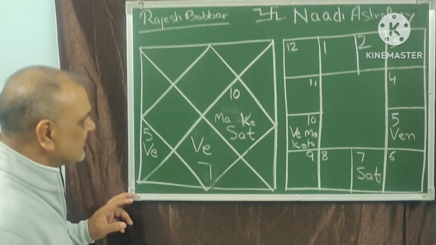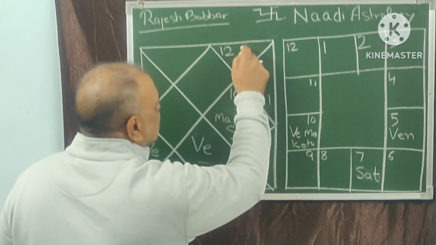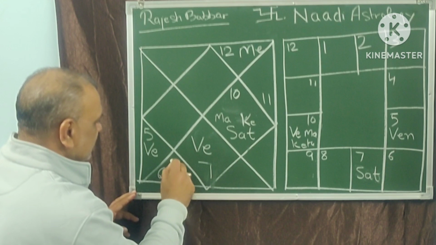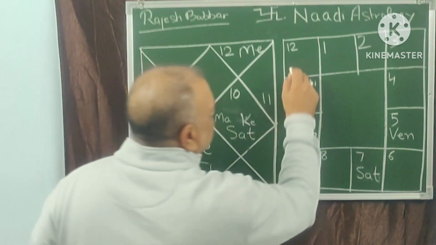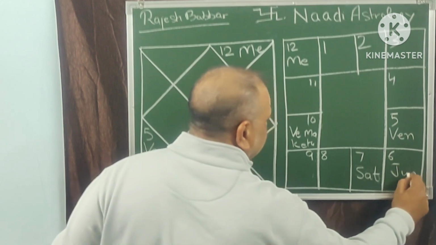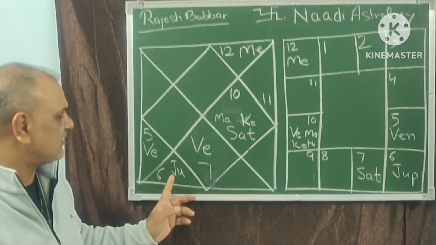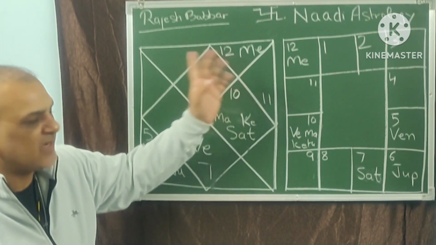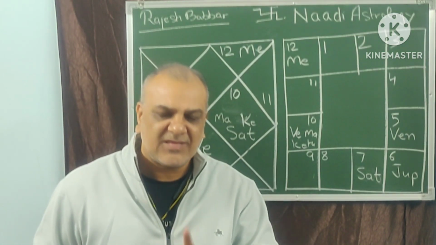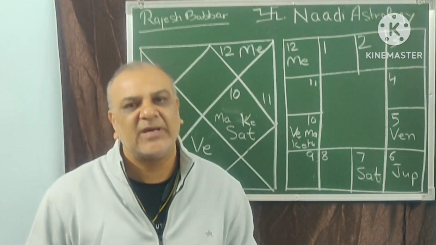Now I'll give you another example. Let's say Mercury is debilitated and Jupiter is placed here, Mercury here and Jupiter here. Now there is Rashi Parivartana between the two. Jupiter is placed in Virgo, Mercury placed in Pisces. So there is Rashi Parivartana. Now this Mercury is going to give the result of an exalted Mercury.